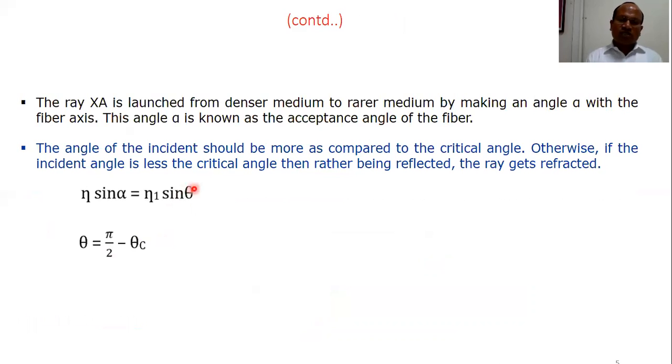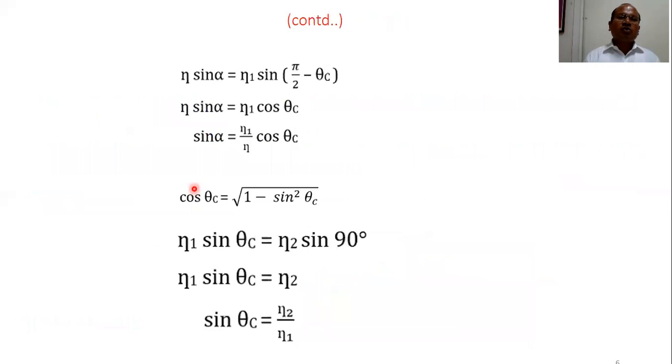If we substitute this, we'll get some expression. Look here carefully. So n sine alpha can be written as n1 sine of pi by 2 minus theta c, which we can further write as n1 cosine theta c. And sine alpha can also be written as n1 by n cosine theta c.